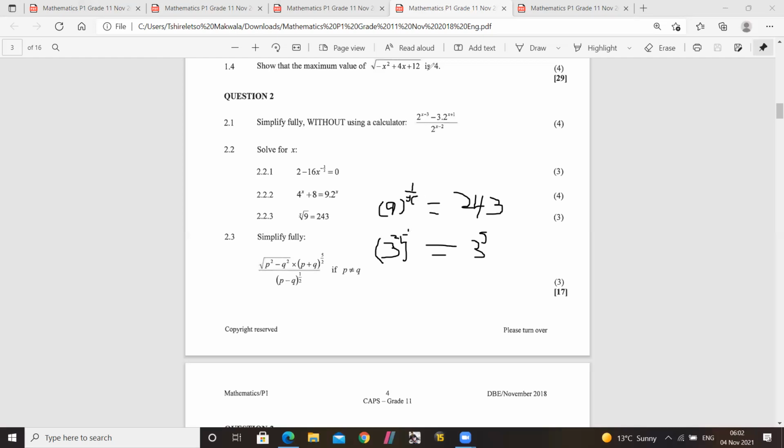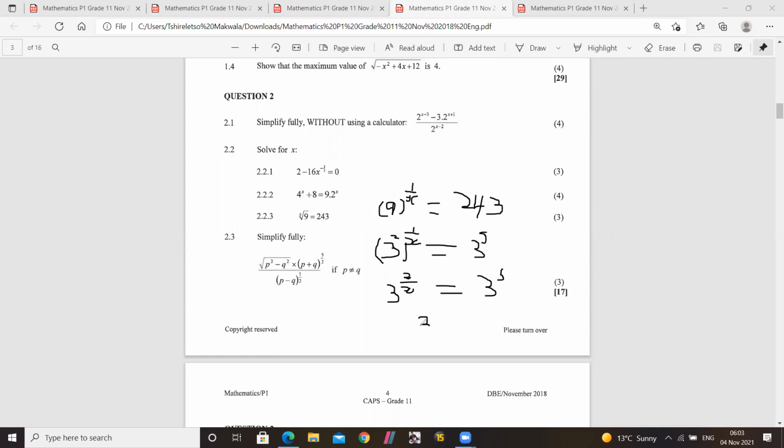So this is 3 to the power of 2 multiplied by 1 over x, then 3 to the power of 2 over x. So this 2 and this 1 over x will multiply, then all over 3 to the power of 5.